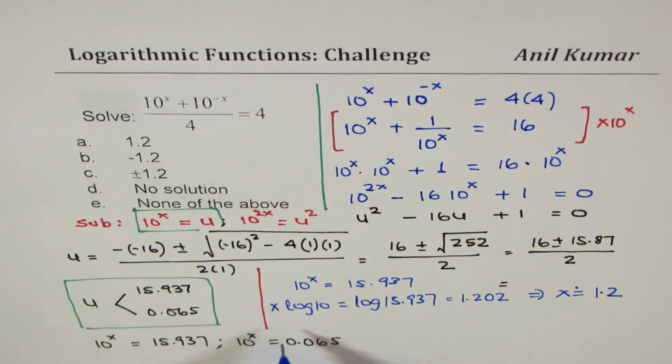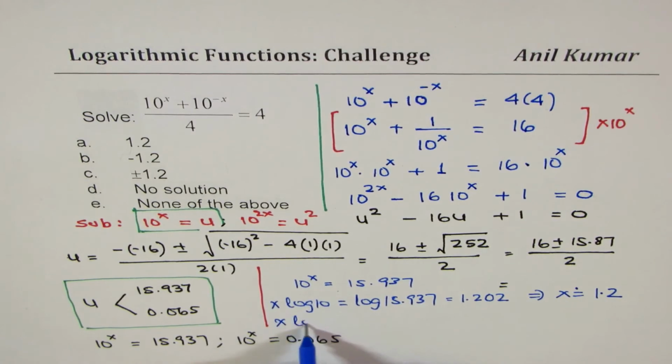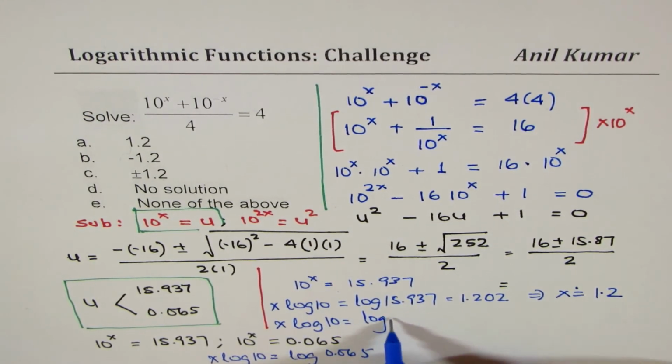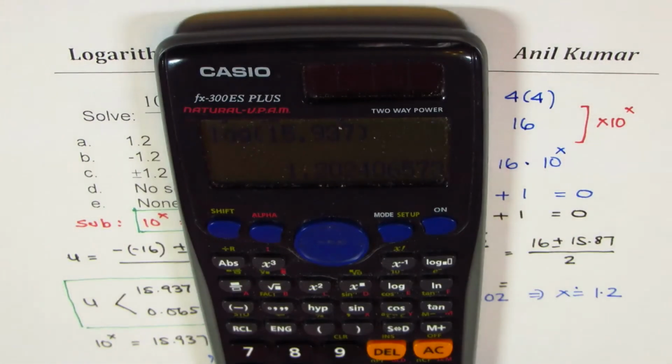Solving for the next value, we again get x log of 10. Taking log, we get x log of 10 equals log of 0.065. Let's calculate this value.